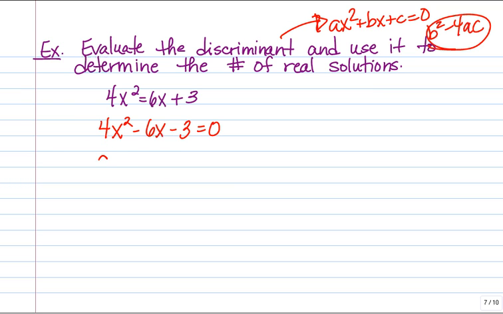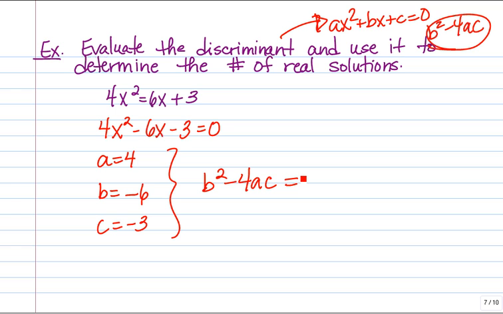So my value of a is 4, right? B is -6. C is -3. Very good. So when I plug into b squared minus 4ac, what would I get?